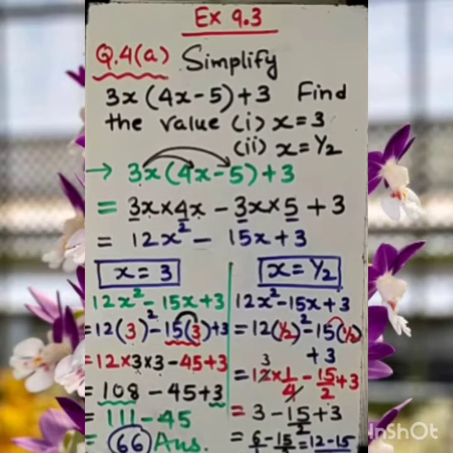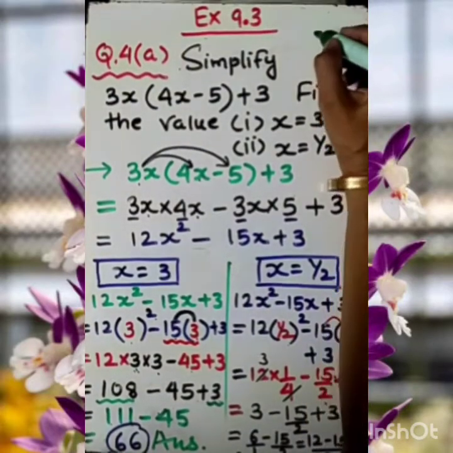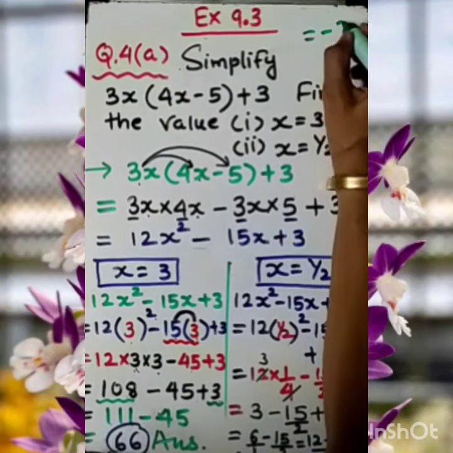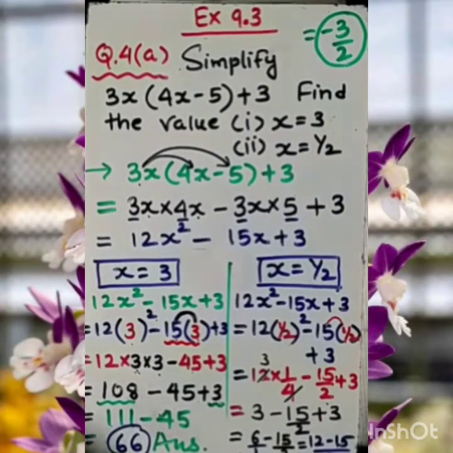When we subtract this, the answer will be minus 3. I am writing the answer here: 12 minus 15 by 2, the answer will be minus 3 by 2. This is the complete solution.